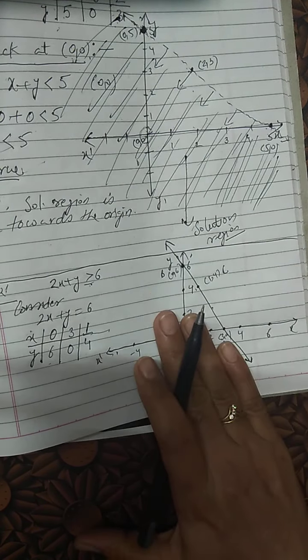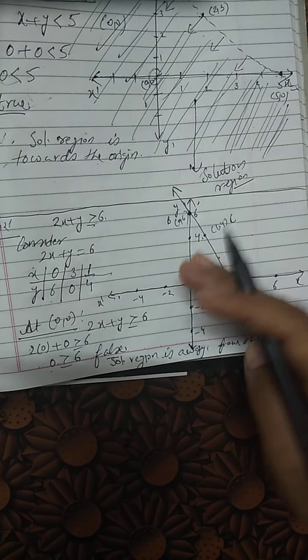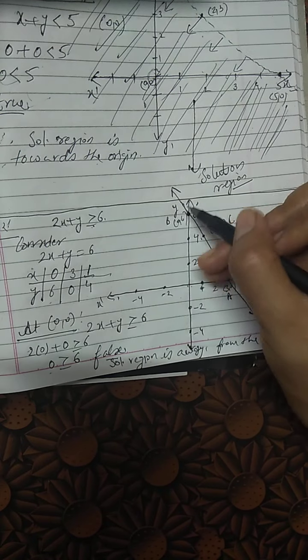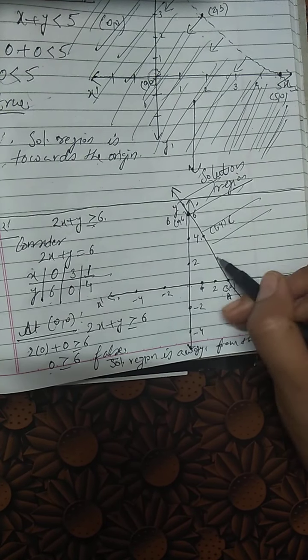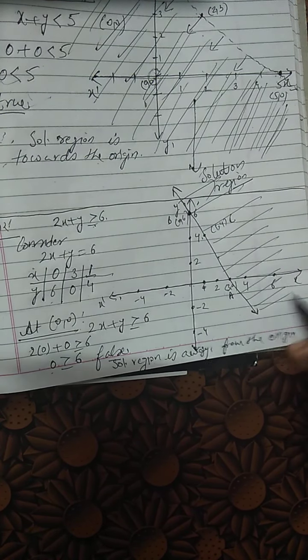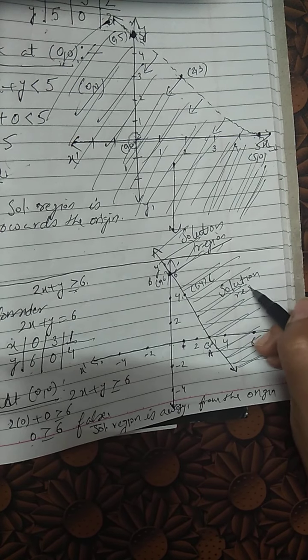So this is not our solution. That means the other side of the line will be the solution. So we will shade this area which is above the line, including the points on the line that is represented by the solid line, and here we will write down that this is our solution region.